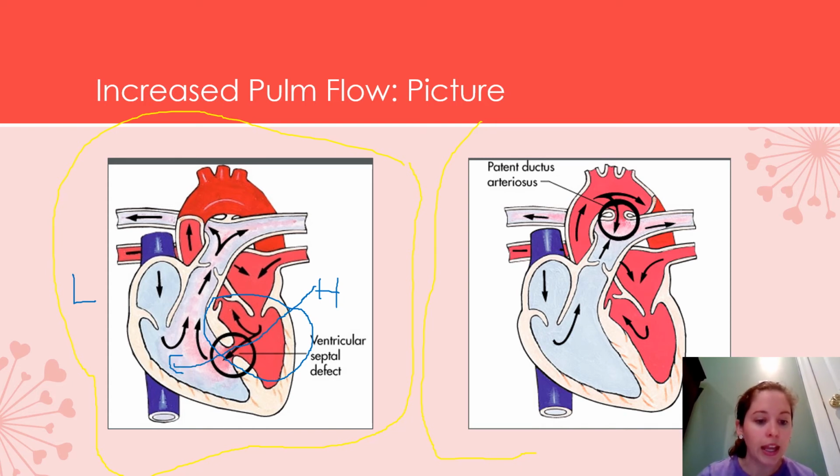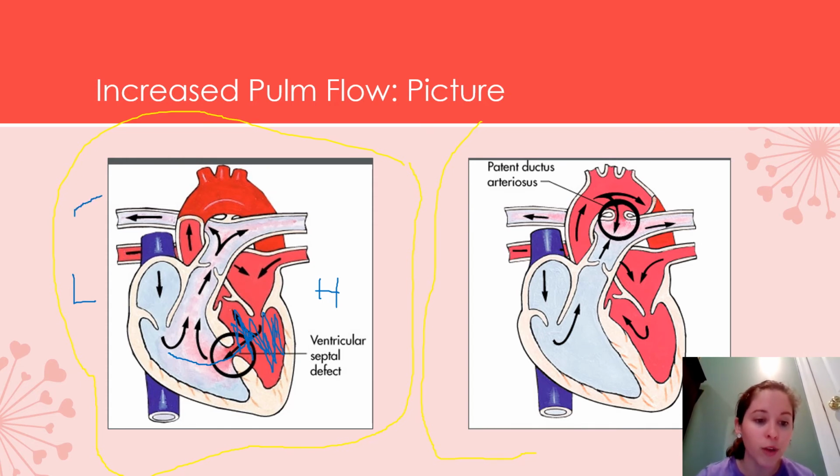Okay? And when blood is in this left ventricle, this high pressure chamber, and there's this abnormal connection, it's automatically going to flow to the lower pressure area, which is the right ventricle. Now, if you remember back to our normal flow of blood, how does blood normally flow?